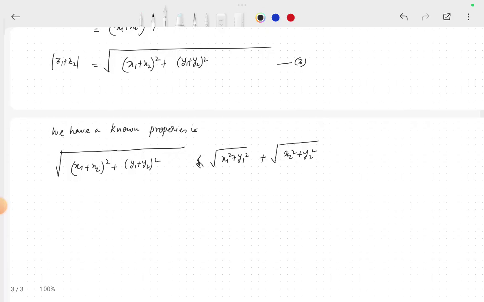I hope you already learned about that at school level. This is equation number 4.